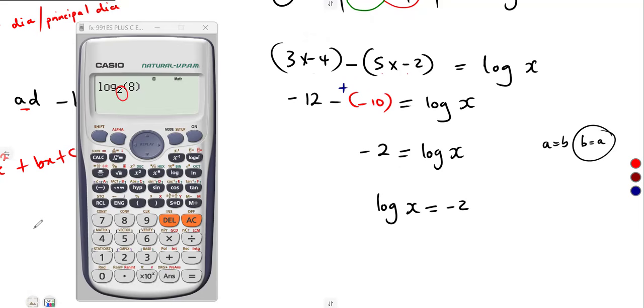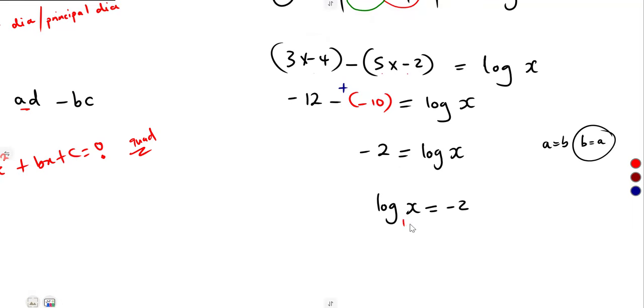If the base is not given, like what we have here, it means you're in base 10. We can choose not to write the base of 10. So this simply means we are in base 10.